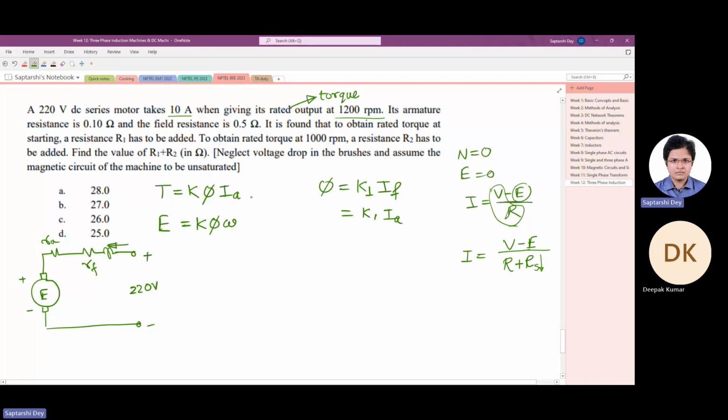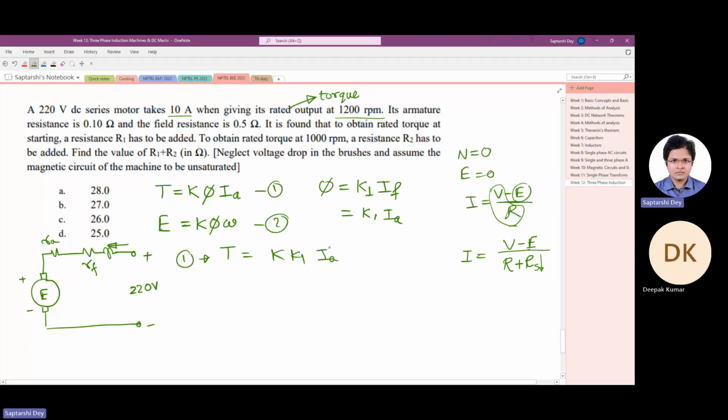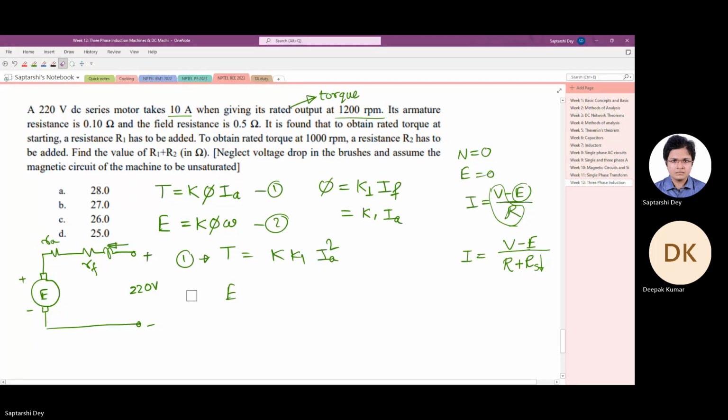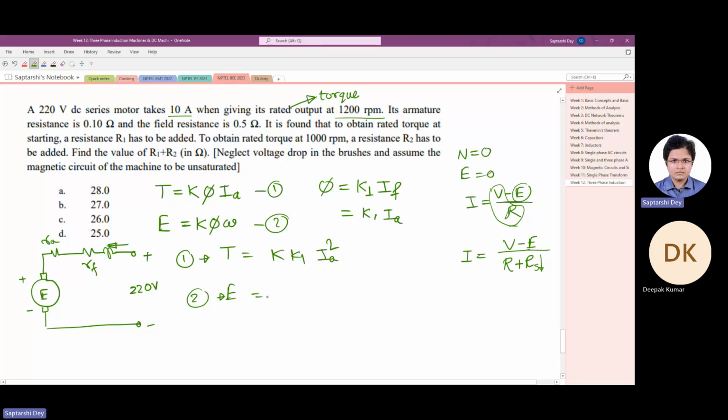So from these two, if I call this 1 and this 2, 1 now becomes torque equals K1 Ia squared, and back EMF E becomes K1 Ia omega.